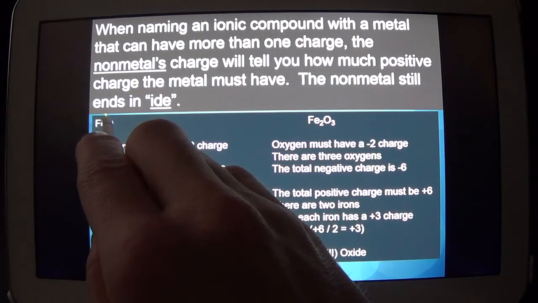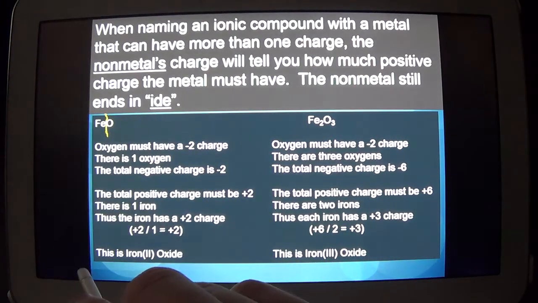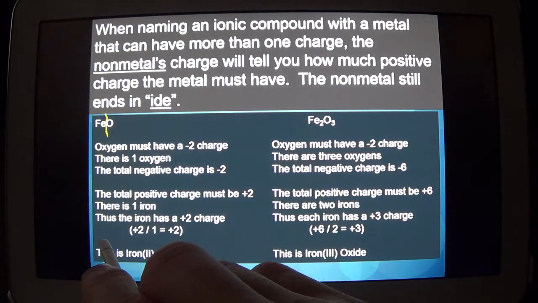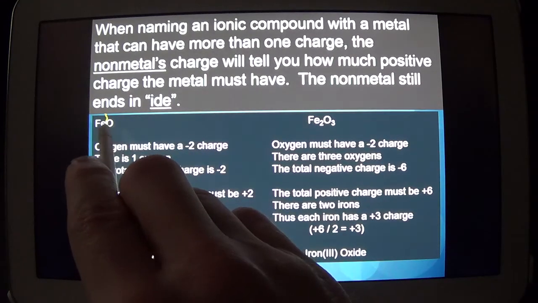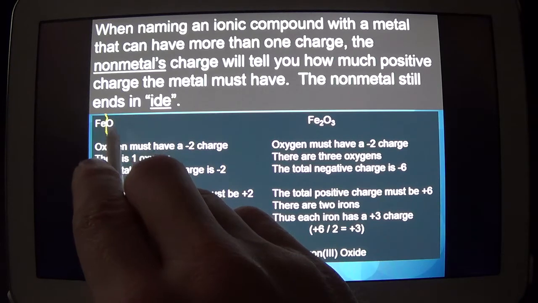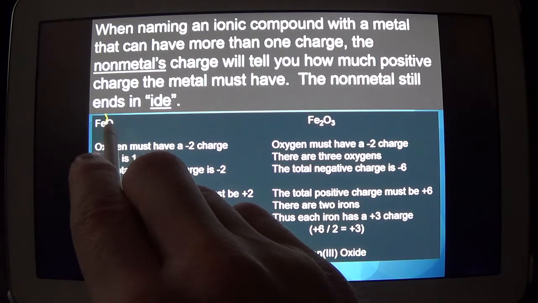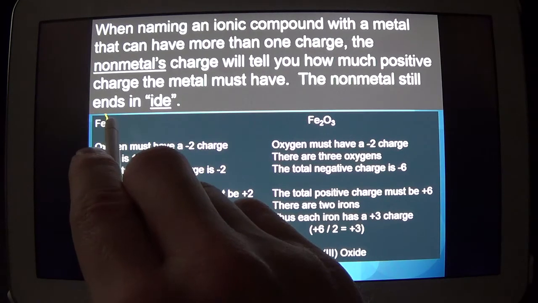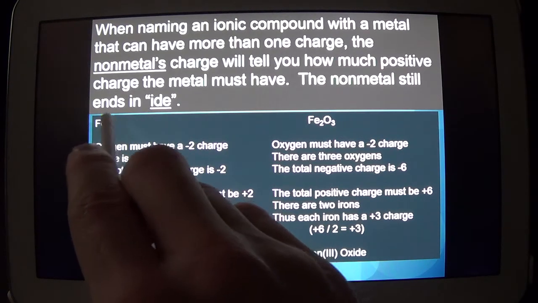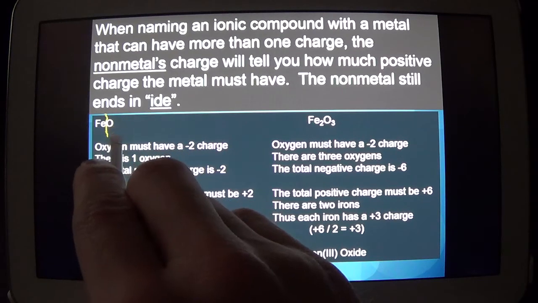First, I like to just draw a divider line between the positive metal and the negative nonmetal. Your nonmetal will always only ever have one possible negative charge. Of all of them that I've had you memorize, trust me, there's only one negative charge. Yeah, there might be lots of positive charges, but it's on the end of the compound. It must be negative, use its negative charge.